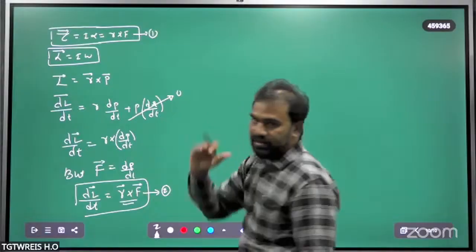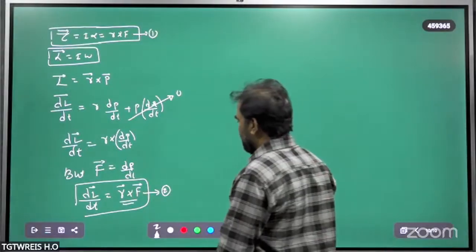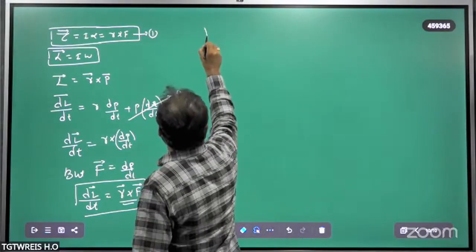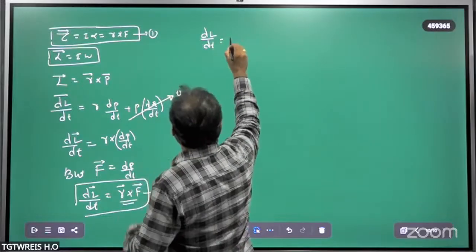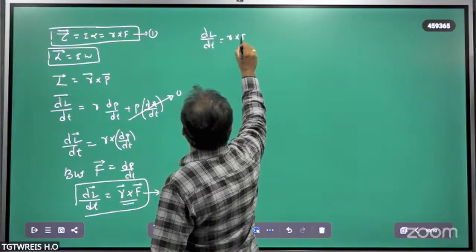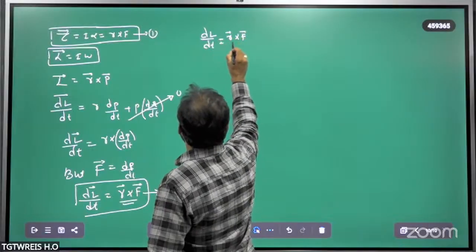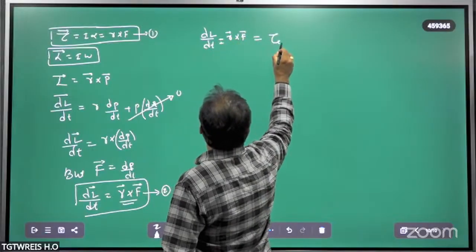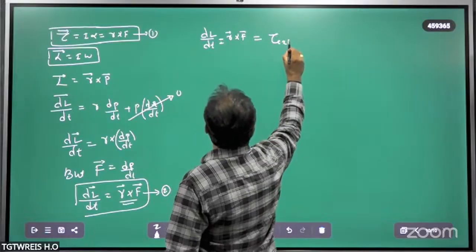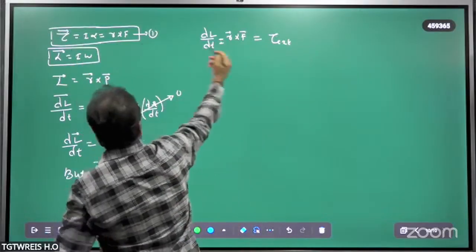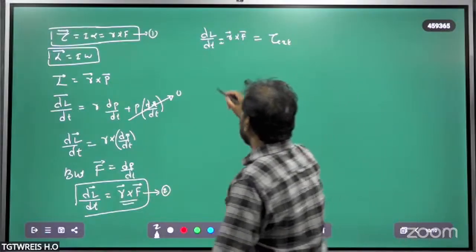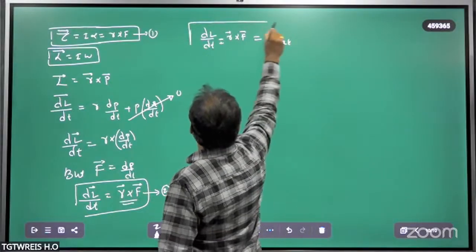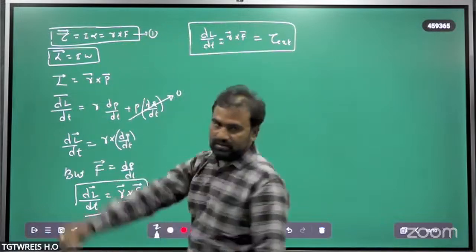From equations 1 and 2, it is very clear that dL by dt is equal to r cross F, which is the external torque tau. This is the relation between angular momentum and torque.